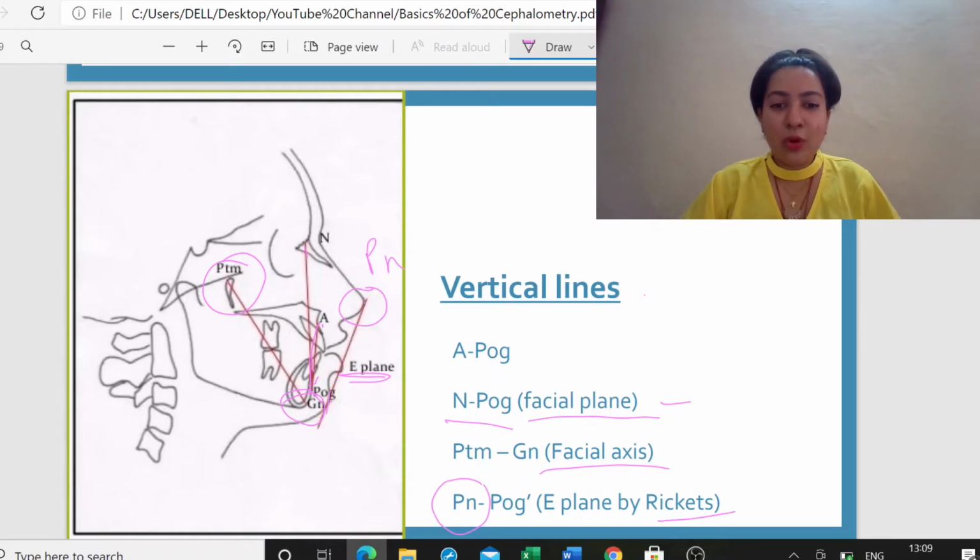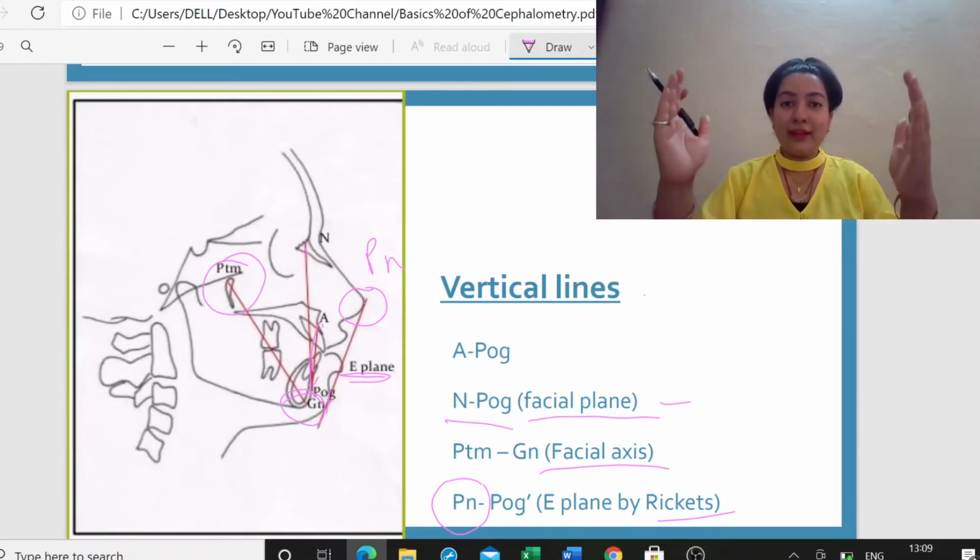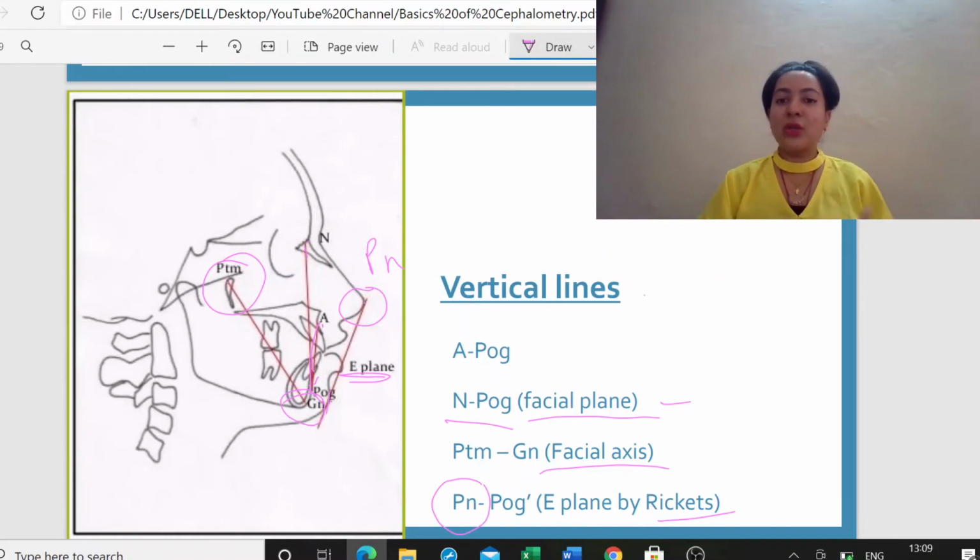So first is APOG, next was NPOG, which is known as facial plane, next is PTM to gnathion, which is known as your facial axis, and the last one is your E plane, which was given by Ricketts, and it is identified by two landmarks, that is pronasal and pogonion dash. I hope that these things are clear to you. So you know how we tapered it down. First thing is your landmarks.